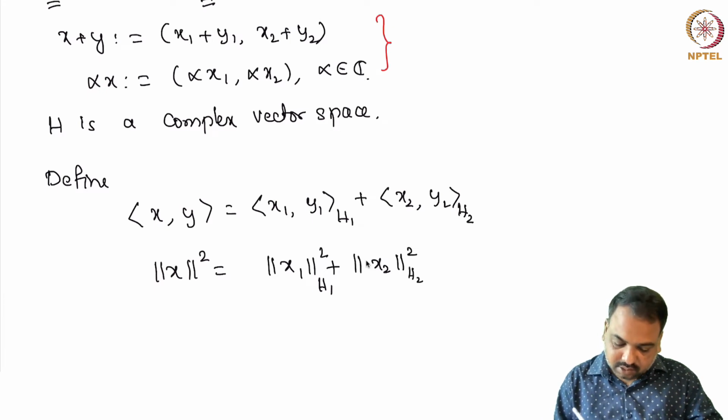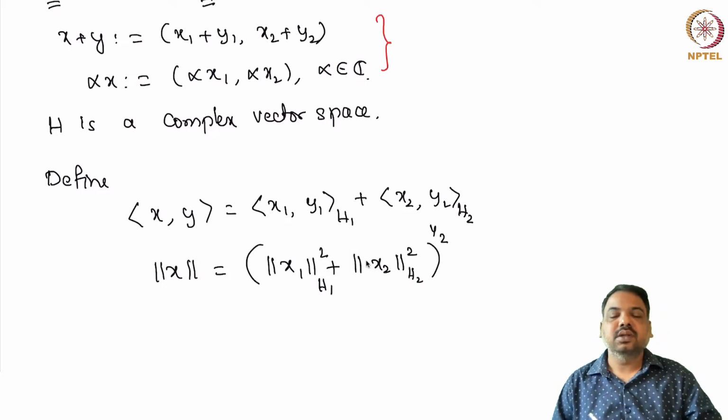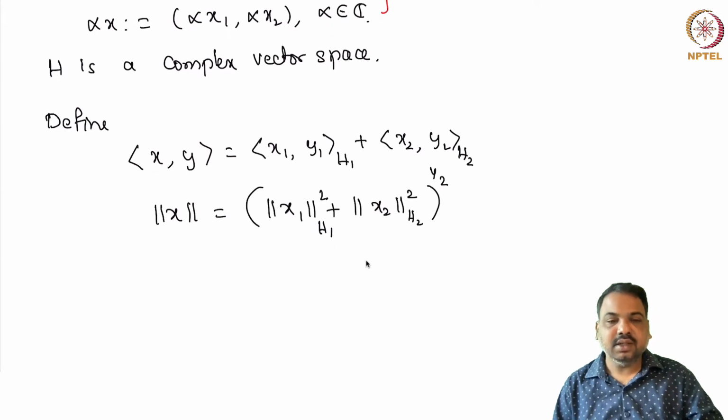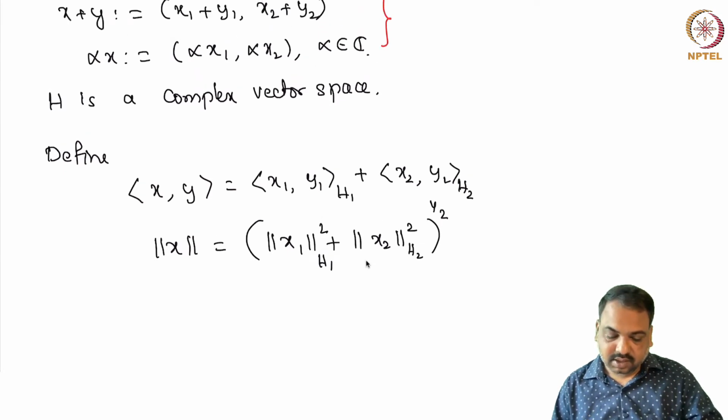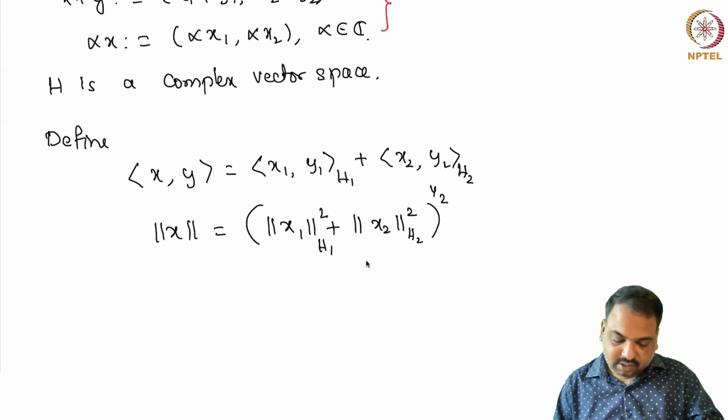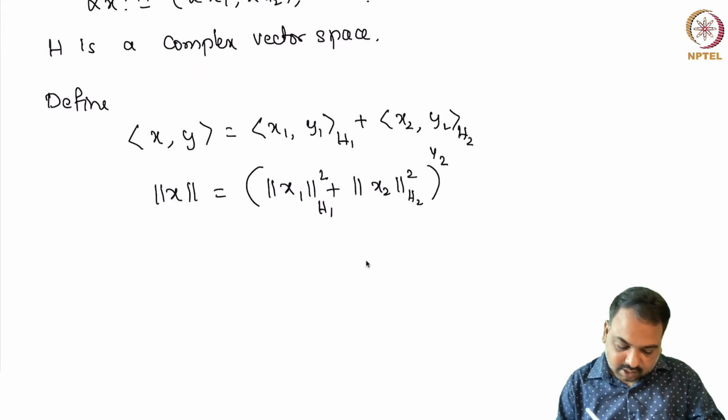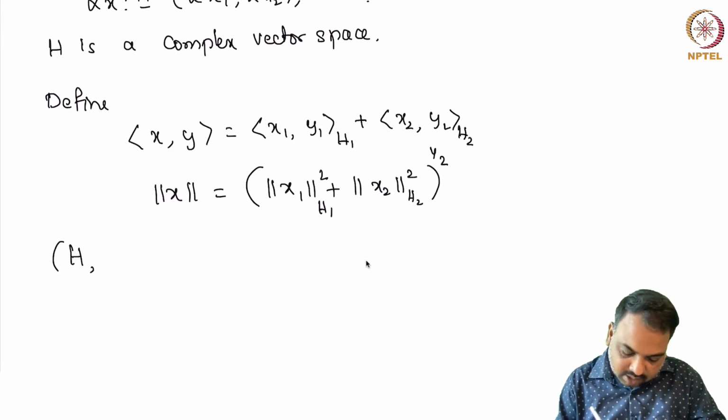And if you want to take the norm, this is similar to the Euclidean norm on R2 or C2. So this is a generalization of C direct sum C. Now with respect to this inner product, we can check that H with respect to this new inner product is an inner product space.